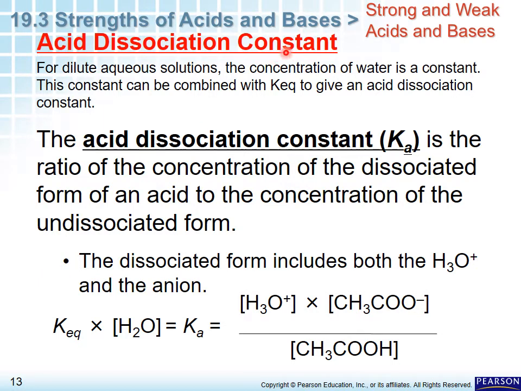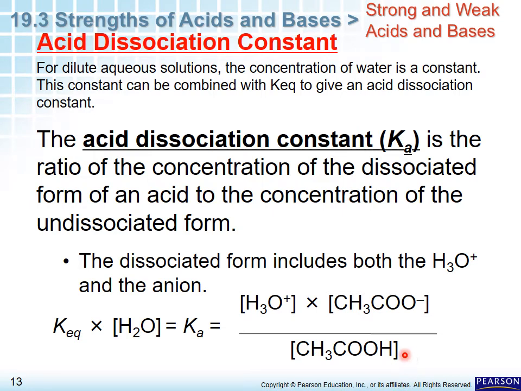Okay, students, now let's take the example. Acid dissociation constant. For a dilute aqueous solution, the concentration of water is a constant. Remember, water is always constant in dilute solution. This constant can be combined with the Keq to give an acid dissociation constant. So look here at the expression.